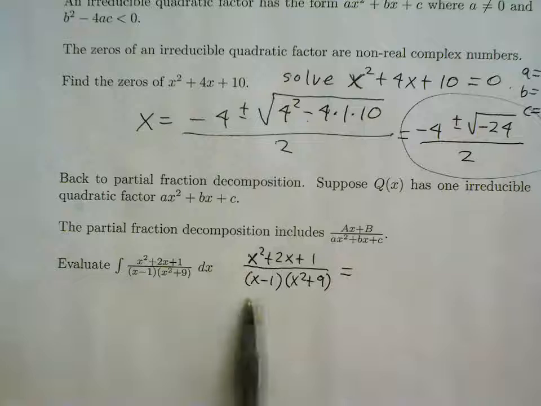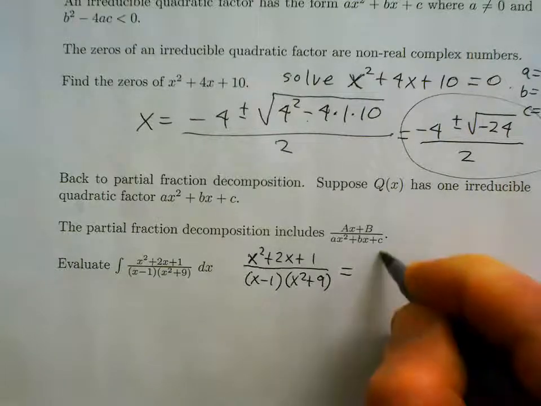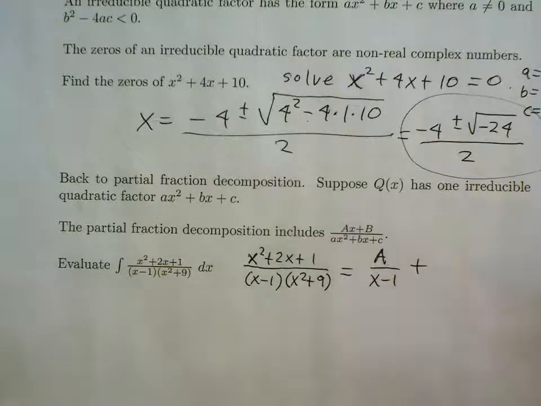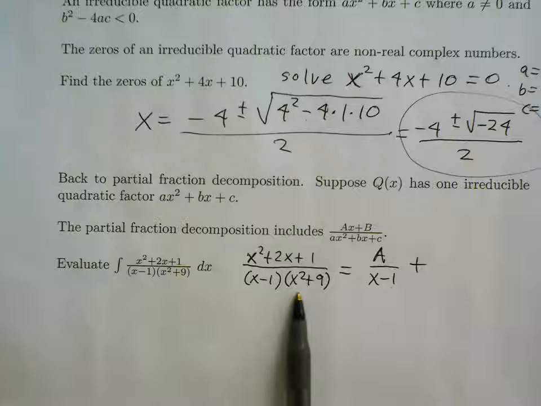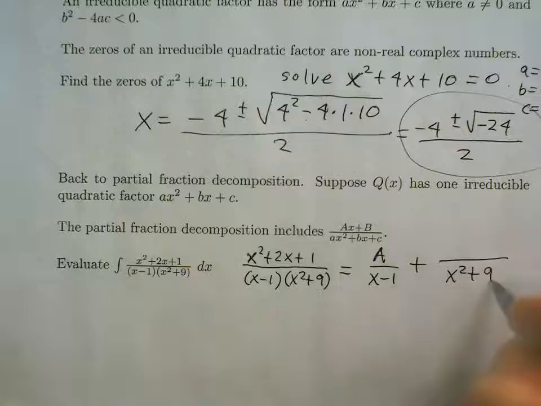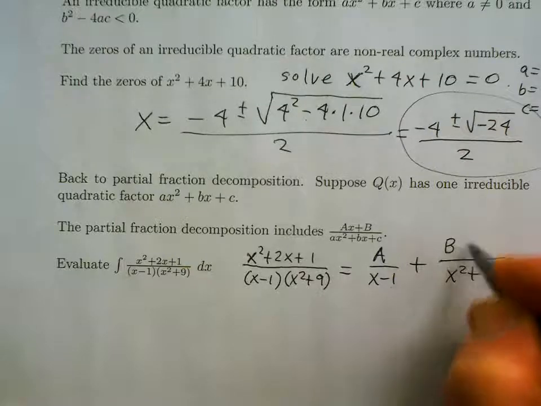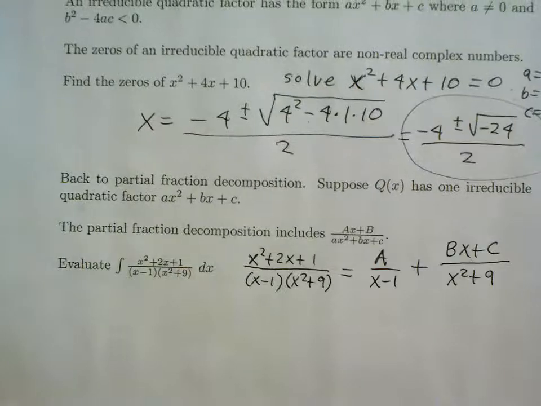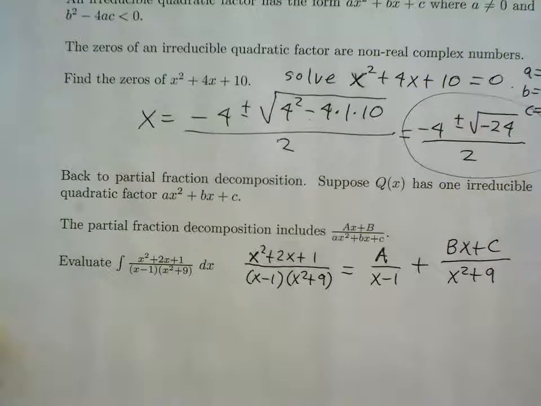Corresponding to the linear factor x minus 1, we have A over x minus 1. And for the irreducible quadratic factor x squared plus 9, the numerator has the form Bx plus C. So we want to find the values of A, B, and C.